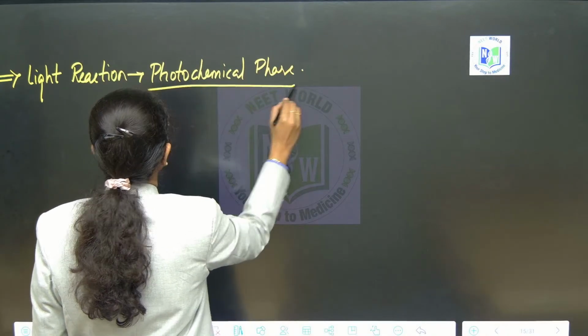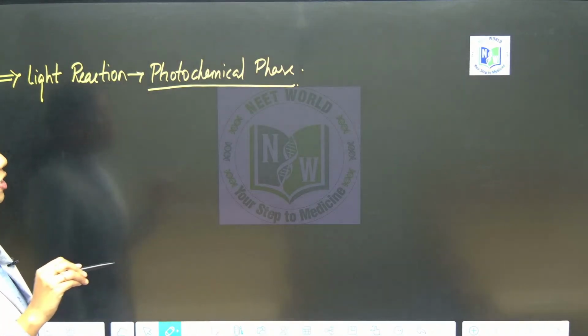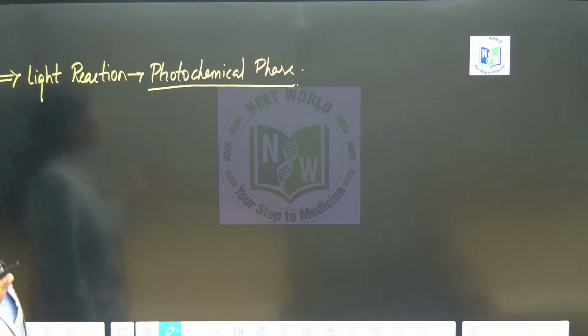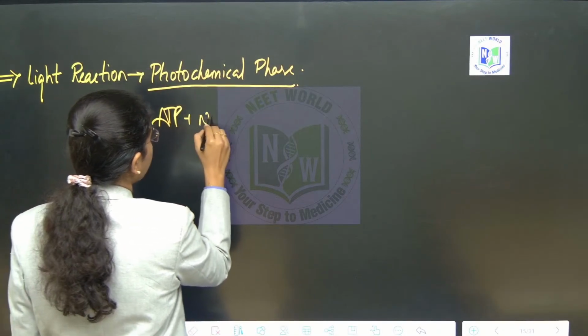Fine, right? Wherein the light which is absorbed in the form of photons is stored in the form of chemical energy, that is ATP and NADPH.